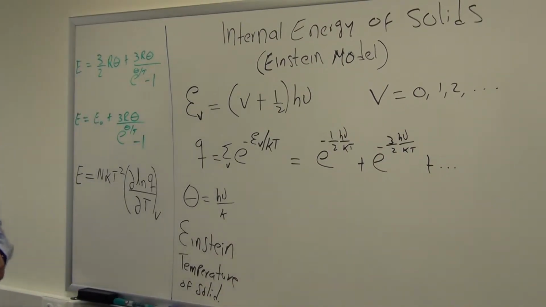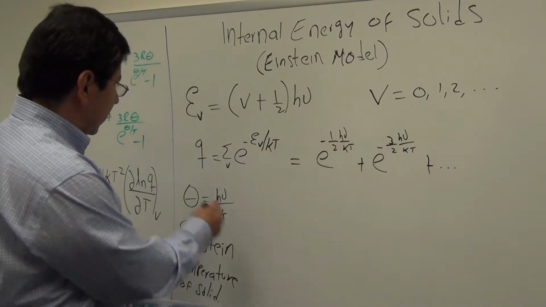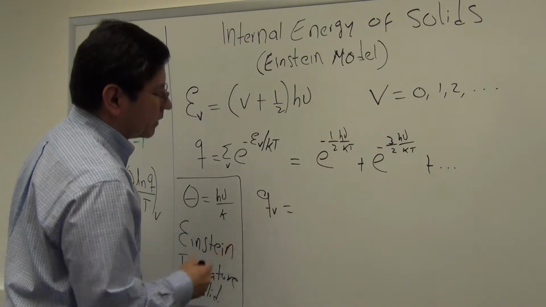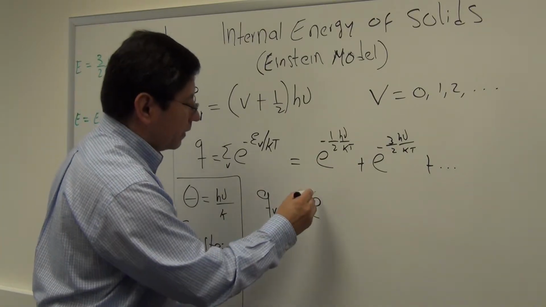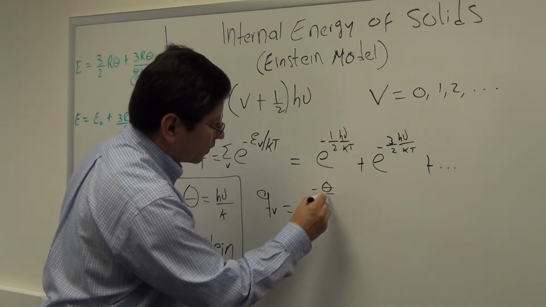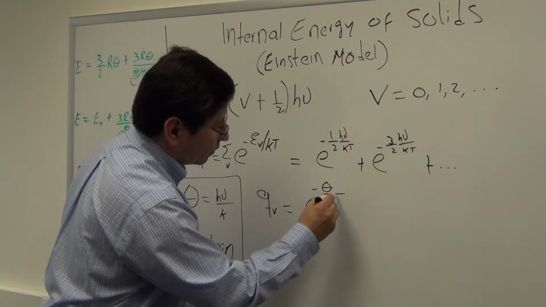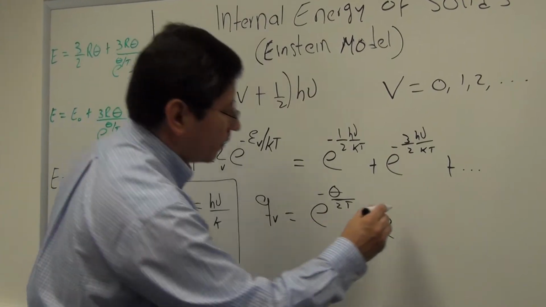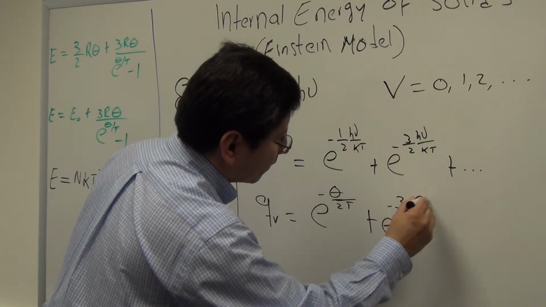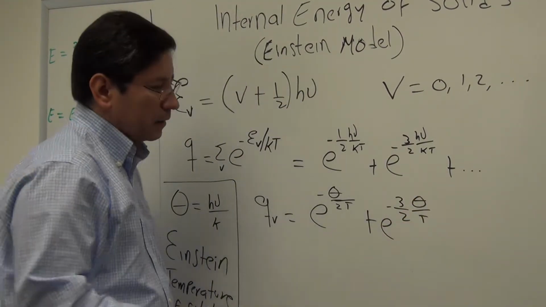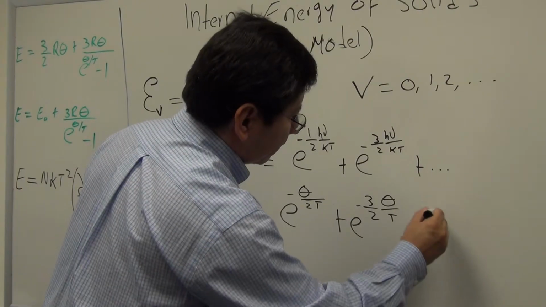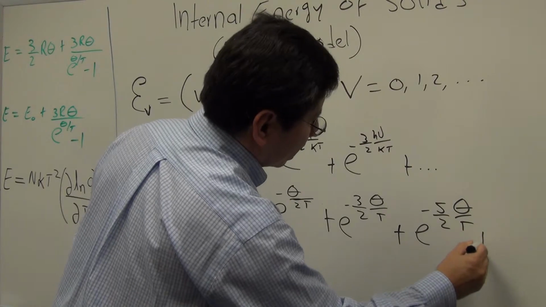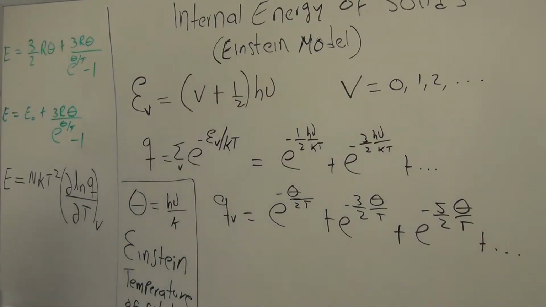And this now can be expressed as e to the minus theta over 2T, plus e to the minus 3/2 theta over T, plus e to the minus 5/2 theta over T, plus so on.